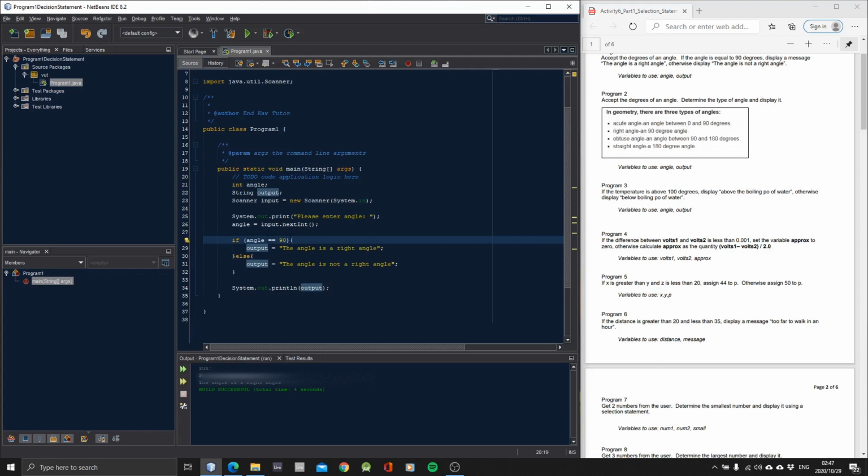So all we have to do is: if the angle is greater or equals to 0, right, and the angle is less or equals to 90, or between 0 and 90.